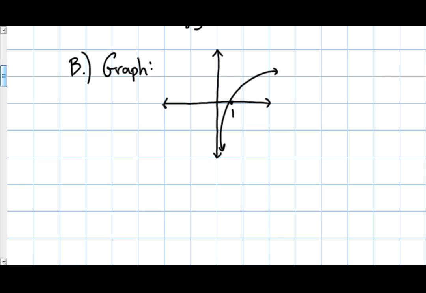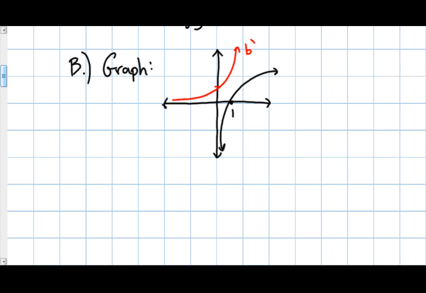Now, if you are an astute observer, you will notice something. This graph right here is actually the inverse of the exponential graph that we just went over. So the exponential graph, we'll put it in red, looks like this.